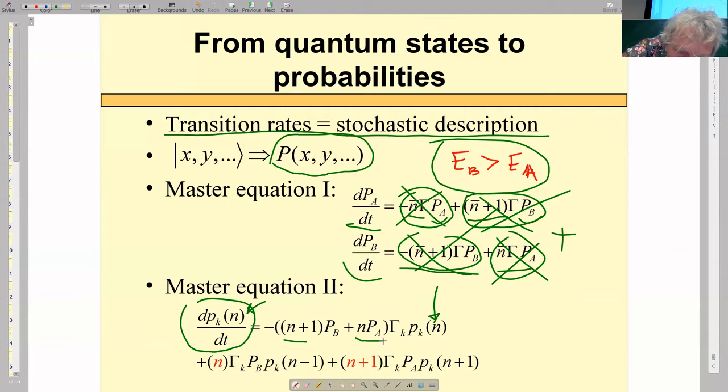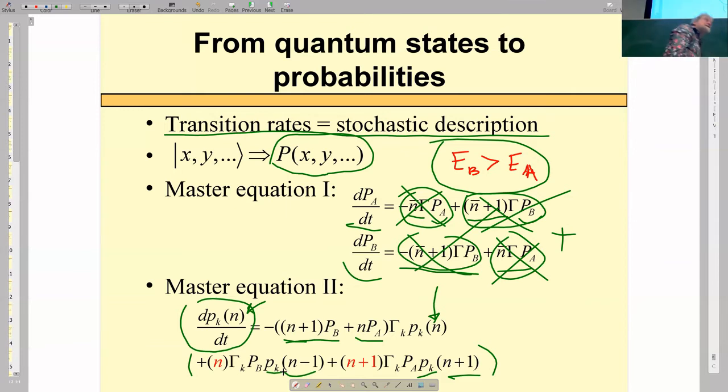Same here. There's also emission. Fine. That's how the probability is lost. Terms coming with minus sign. There are terms which come with plus sign. Right? So how are they made? Initially we have n minus 1 or n plus 1. Corresponding probabilities come here.